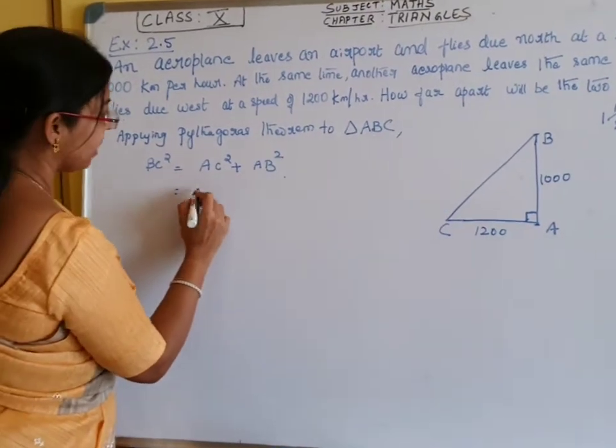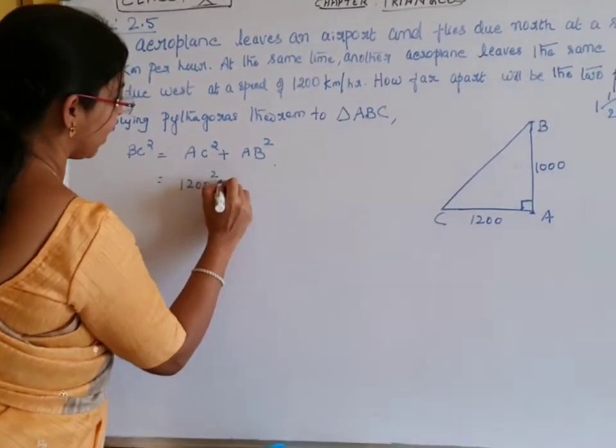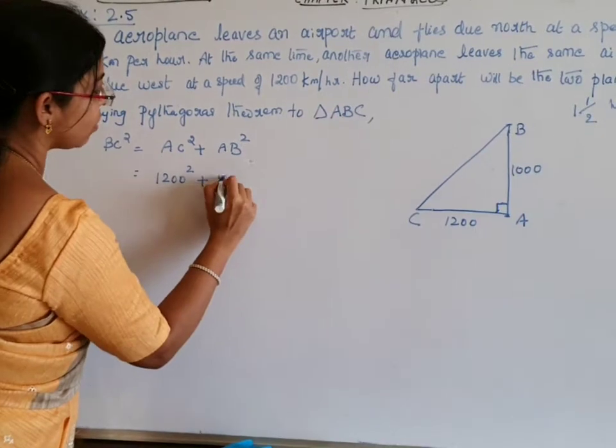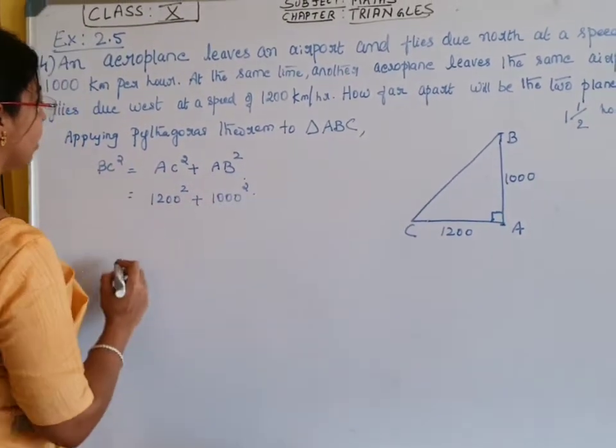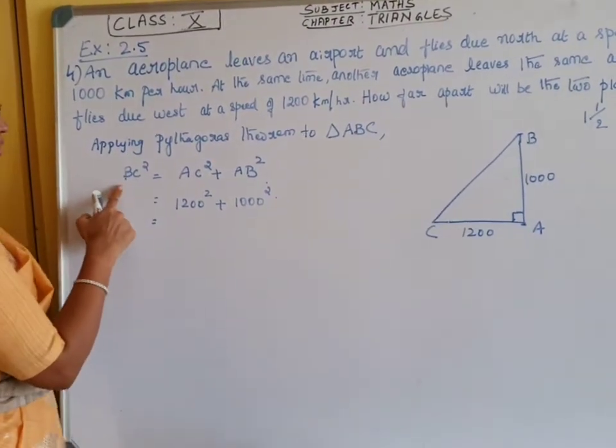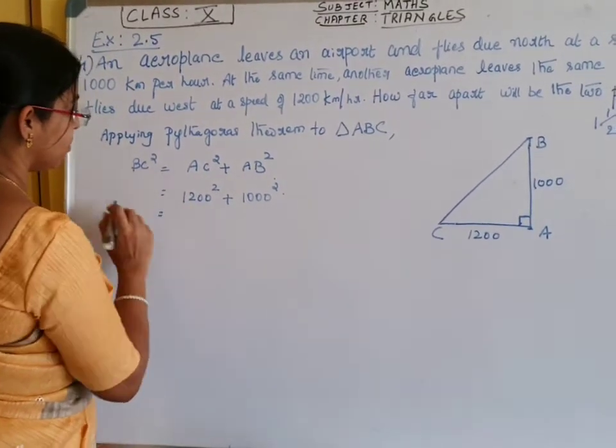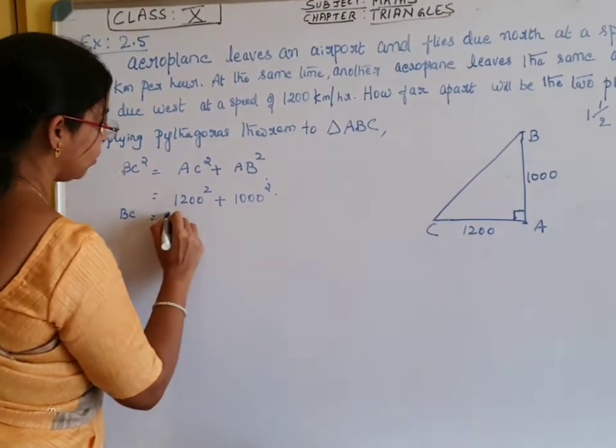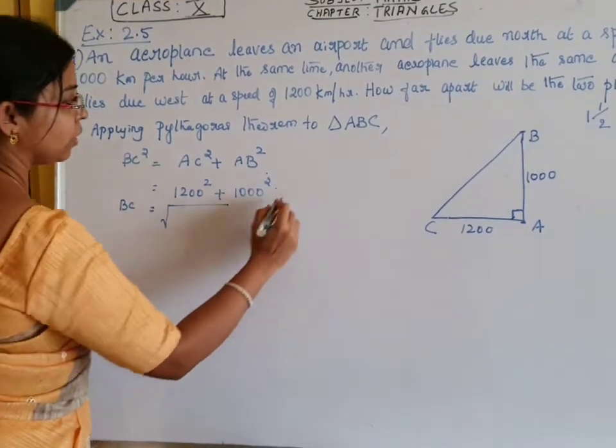What is AC? 1200 square, plus AB is 1000 square. So BC square is equal to 1200 square plus 1000 square. BC will be equal to the square root of this value.